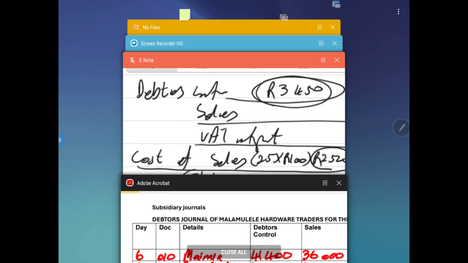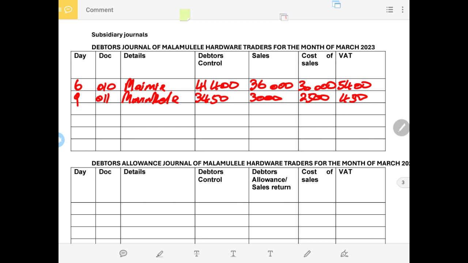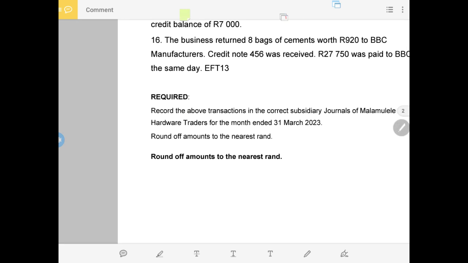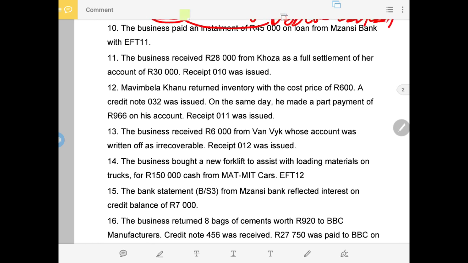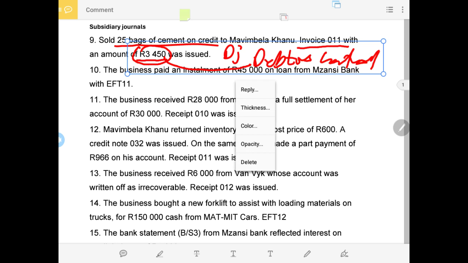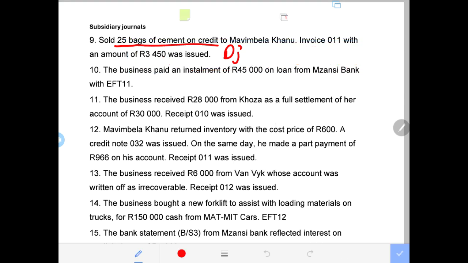Going to the next transaction, which is transaction number 10. Only 6 transactions are left before we are done. Number 10 says the business paid an installment of 45,000 on a loan from Mzansi Bank.